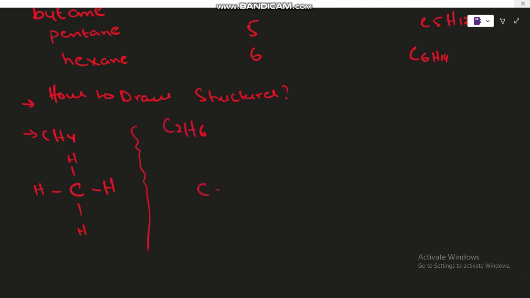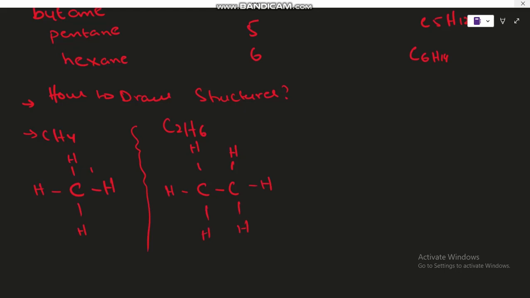So if we talk about now C2H6, you'll have 2 carbon atoms. You'll draw the 2 carbon atoms first, and then you will place 3 hydrogens with each carbon. The reason why there are 3 hydrogens is that, since we know that carbon can make 4 bonds, here with one carbon those 4 bonds were made by 4 hydrogens.